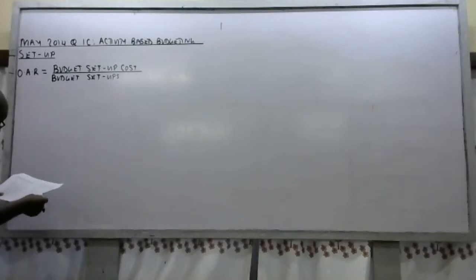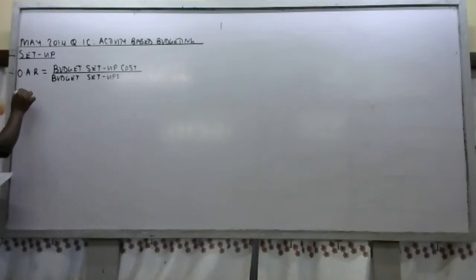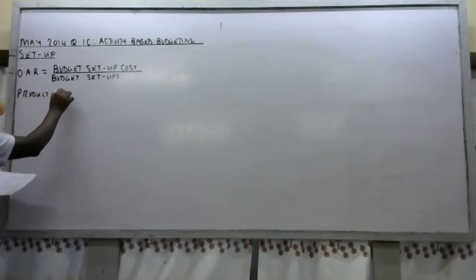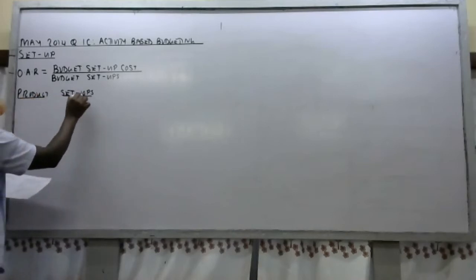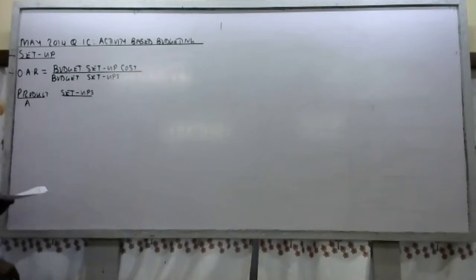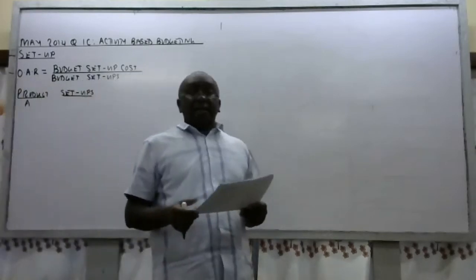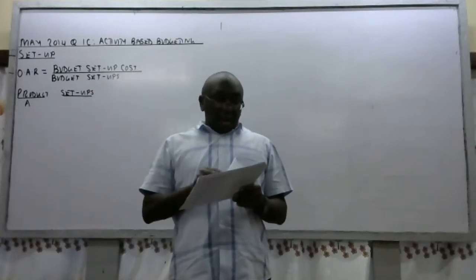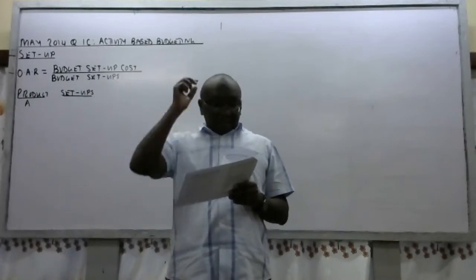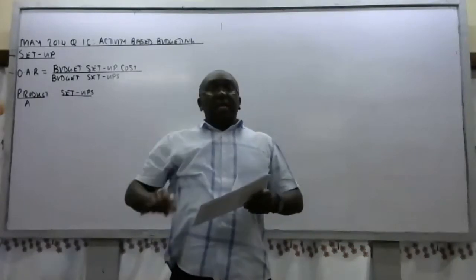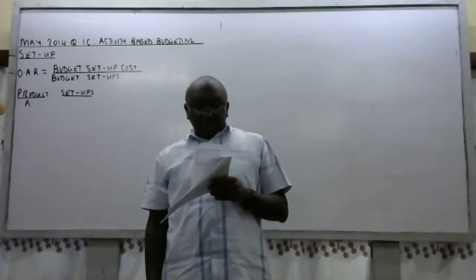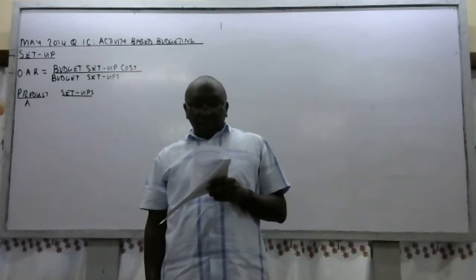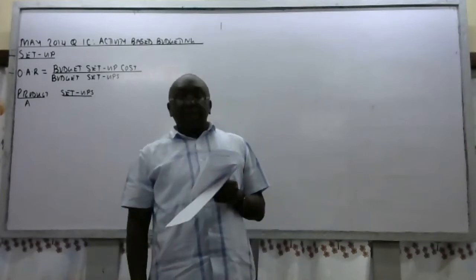So in proceeding with this, I will have the product here, and then I get the setups. So how you will get the setups is like this. You can see in product A, production is 10,000 units, and the batch size is 100.